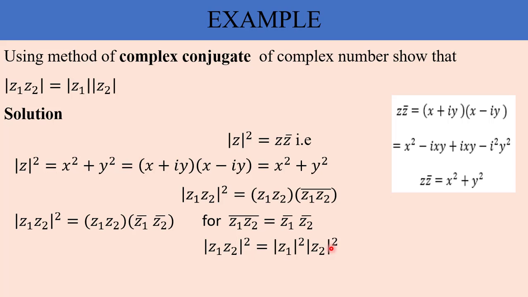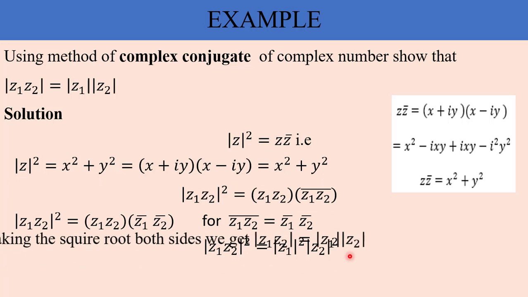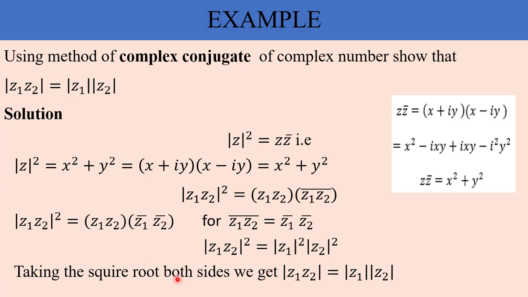Then to get our final proof, we take the square root of both sides. The square root will cancel with the square, so we shall have the absolute value of z1 z2 equal to the absolute value of z1 times the absolute value of z2.